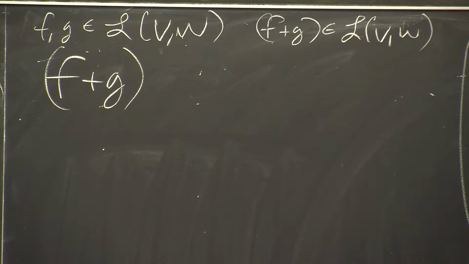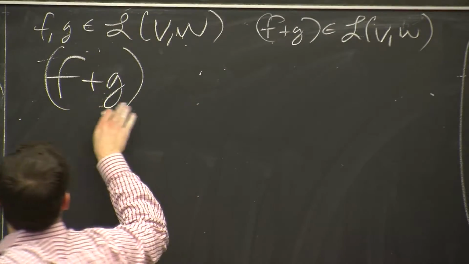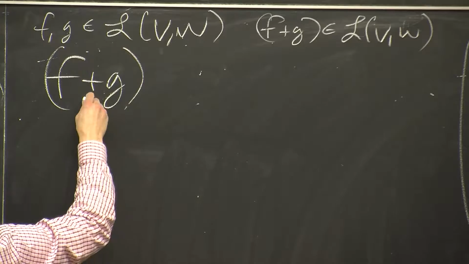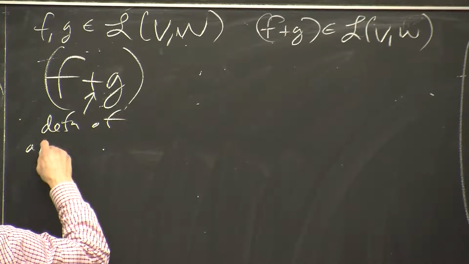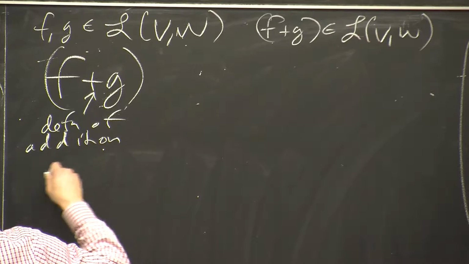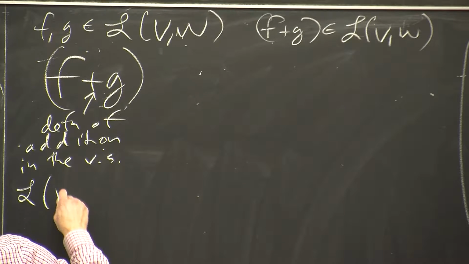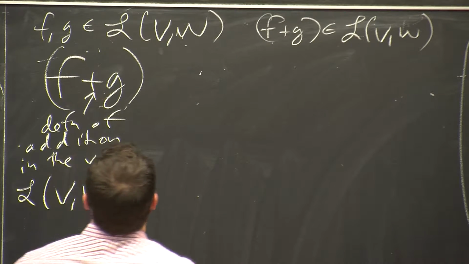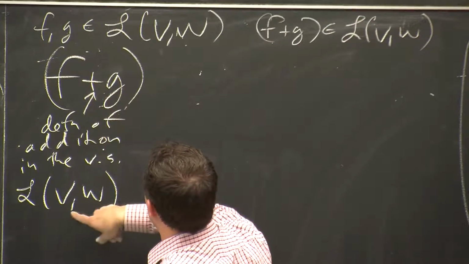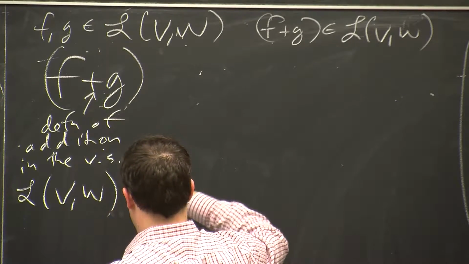In particular, it's a function. To define a function, I can tell you just what it does to every element of its input. So to define F plus G, this is the definition of addition in the new vector space of linear transformations from V to W. We're defining something, F plus G, with a plus happening in this vector space.